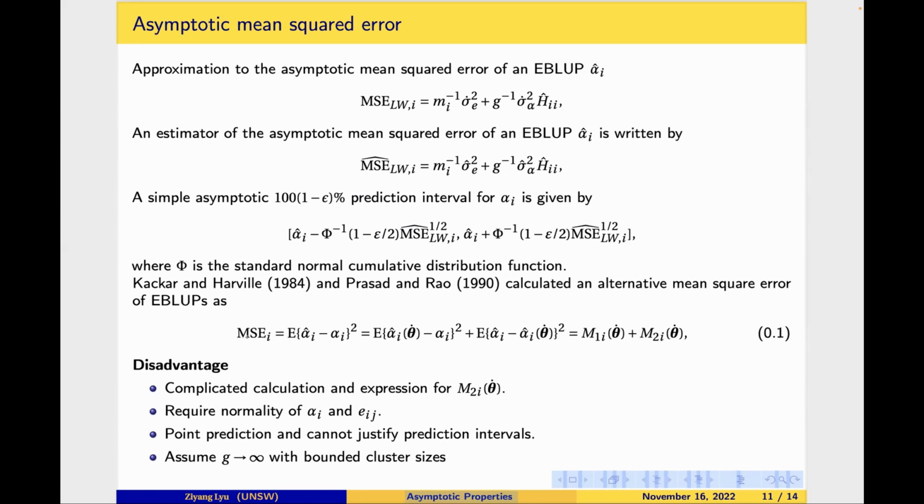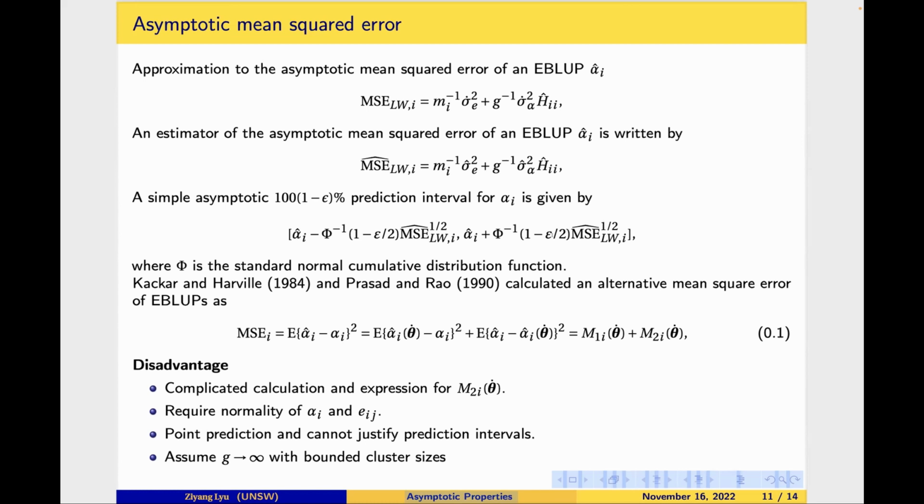The first is a complicated calculation for the terms M2, and it also requires normality of alpha and e_ij. Without the normality of alpha and e_ij, Kackar and Harville, and Prasad and Rao, cannot write these two terms. And the third is that it gives point predictions. I cannot justify a prediction interval like what we did here.